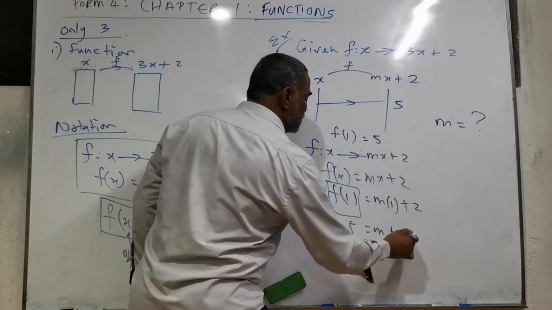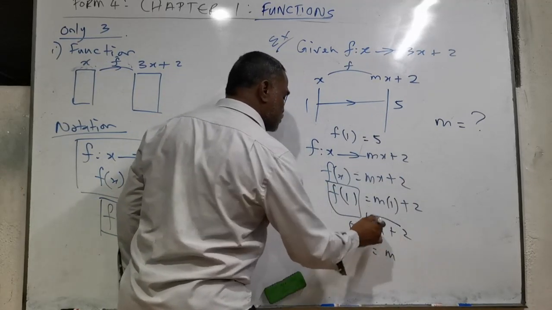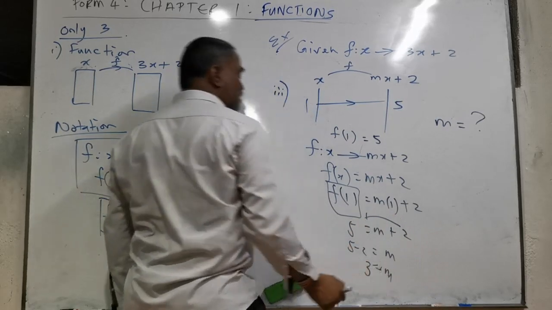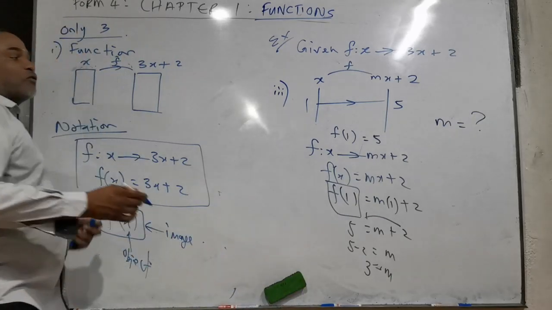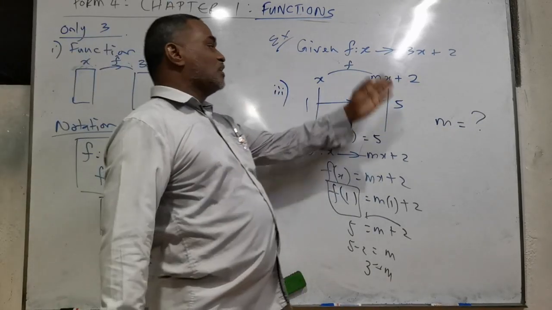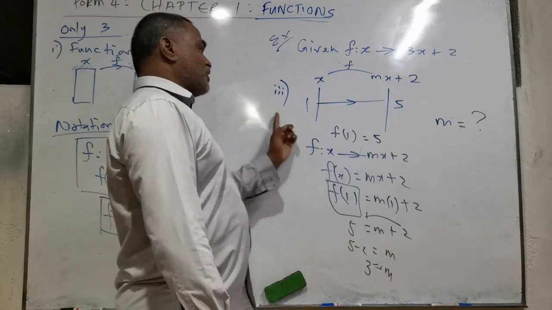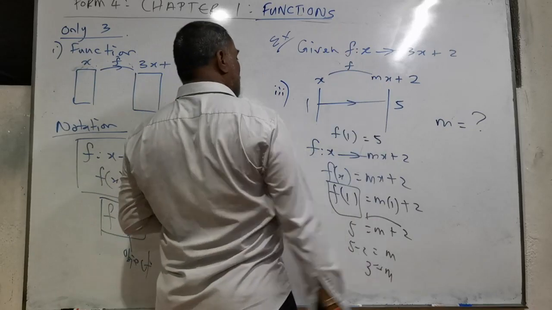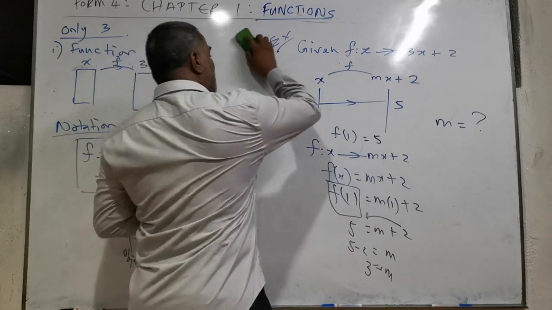Then you solve this: m plus 2, bring here minus 2, m will be 3. This type of question they can ask you in SPM. They give object, they ask image. They give image, they ask object. They give object and image, they ask the term of the equation. So I think we understand function.